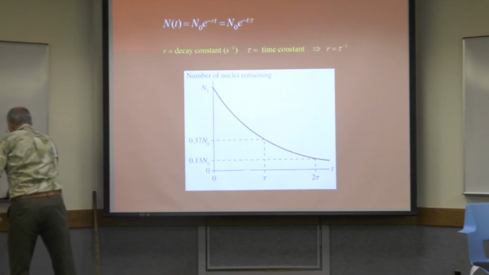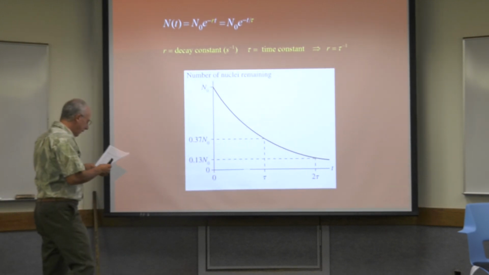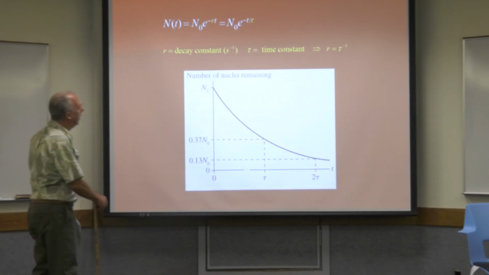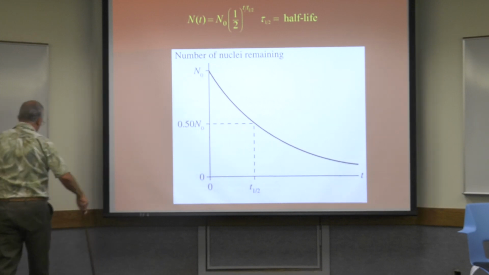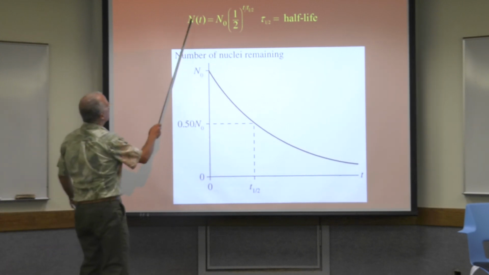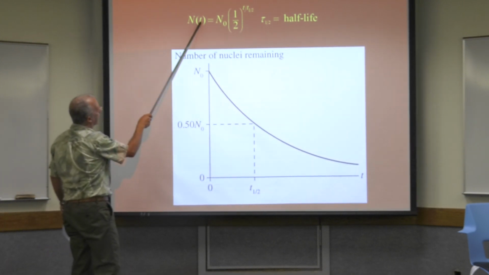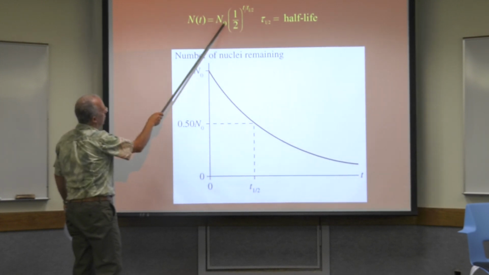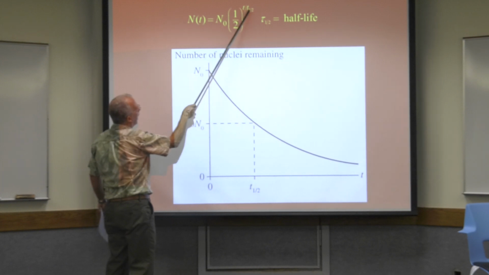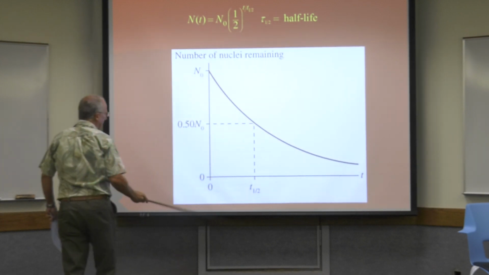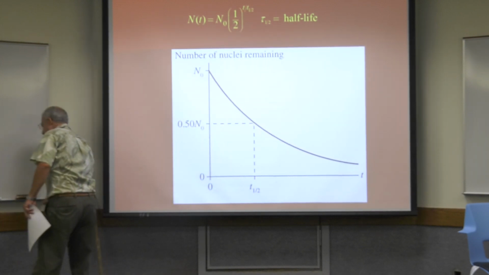All right. Now, actually, it's even more useful to use something called half-life. So this is the equation that we're going to use most of the time. Again, the number remaining at some particular time equals the number you start off with times 1/2 to the power t divided by the half-life. Let me explain this half-life.